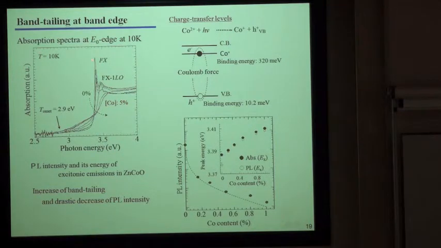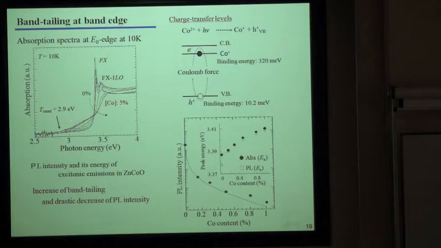So here is the absorbance spectrum near the band edge of zinc oxide. For example, in the case of non-doped zinc oxide, it shows a very sharp free exciton absorbance, like this. And with increasing cobalt concentration up to 5%, it shows smearing, or band tailing, in the band edge absorbance.